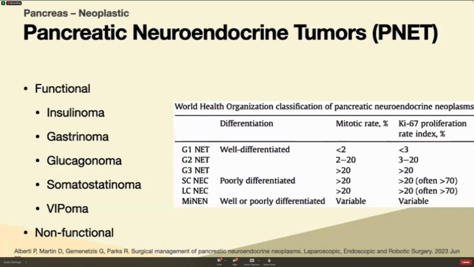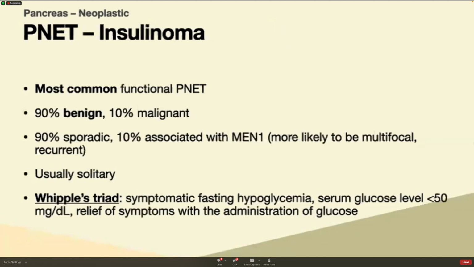So there are also non-functional and functional neuroendocrine tumors of the pancreas, and we will be discussing them briefly. So for insulinoma, this is the most common functional PNET, and the majority are benign.